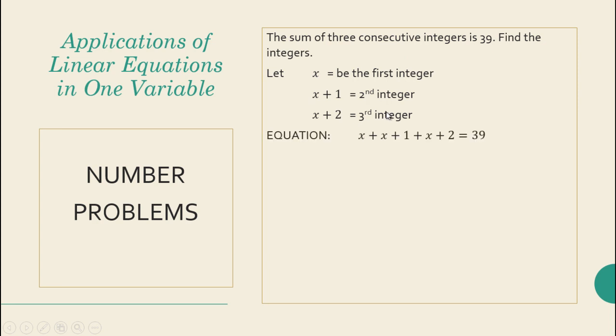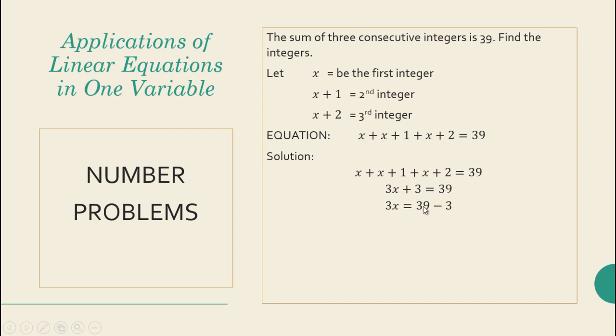Now, let's develop the equation. The sum, meaning when you add the three of them, look at that, it will be equal to 39. Then, solve. So, that will be x plus x plus 1 plus x plus 2 equals 39. Add all the x's. Okay, they are similar terms. So, 3x plus 1 plus 2 is 3, equals 39.